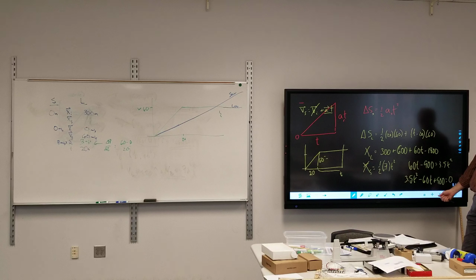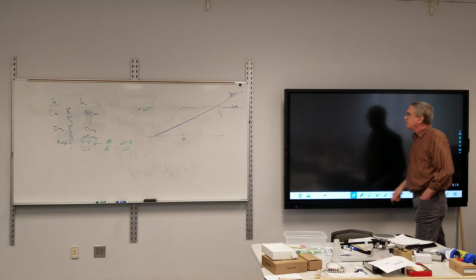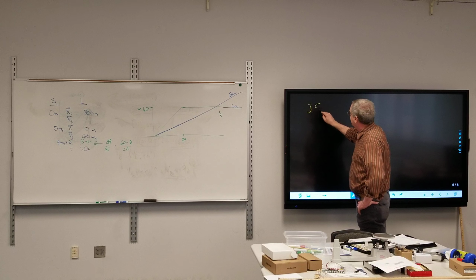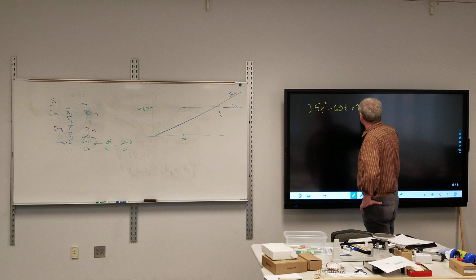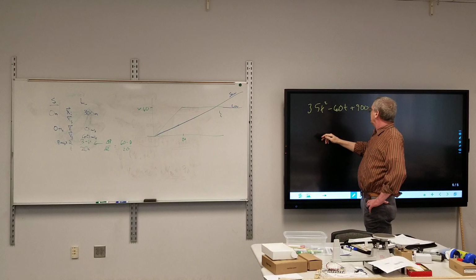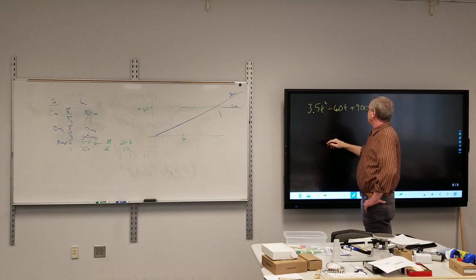So 3.5, negative 60, 900. So 3.5 t squared minus 60 t plus 900 equals 0. Nothing really convenient there.